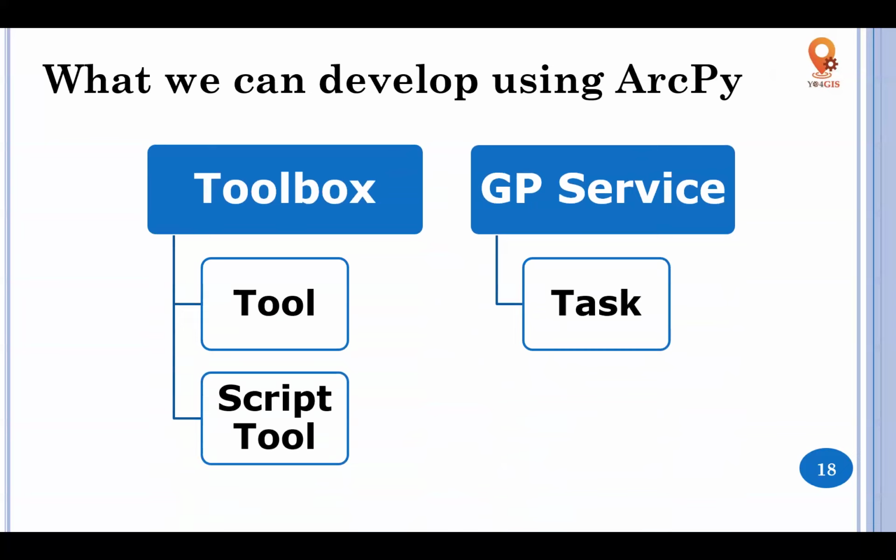In our course, because we are learning ArcGIS Pro customization using Python and ArcPy, we can develop the tool, the script tool, and the geoprocessing tool. The best thing is, whatever tool you develop using Python and ArcPy, the same tool can be used in ArcGIS Server as well. This is the added advantage for people learning ArcGIS Pro customization using Python and ArcPy.